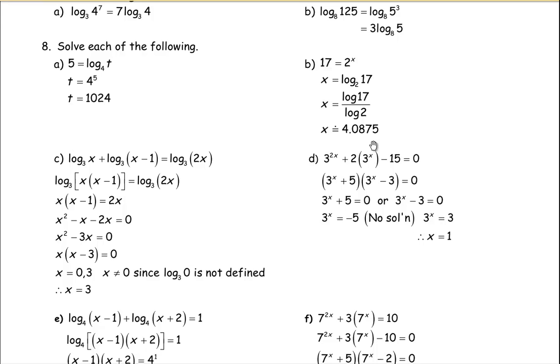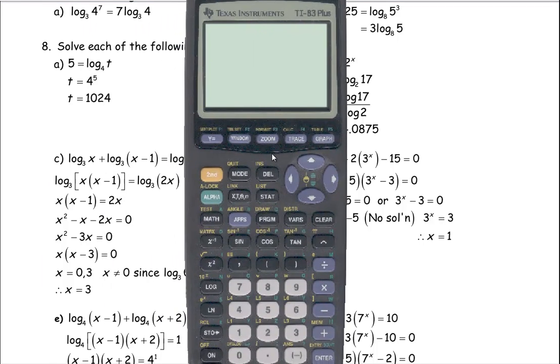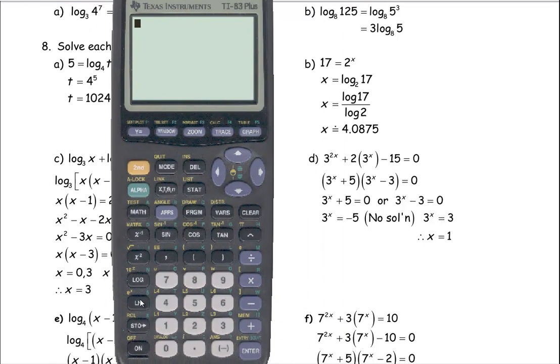If you want a decimal equivalent to that, take the log of 17 and divide it by the log of 2. And you should get this number right here. This is what it would actually look like in your calculator. We would type in log of 17 and divide it by the log of 2. And so that's where that number comes from. As a check, if you evaluate 2 raised to that power, you get 4.087.